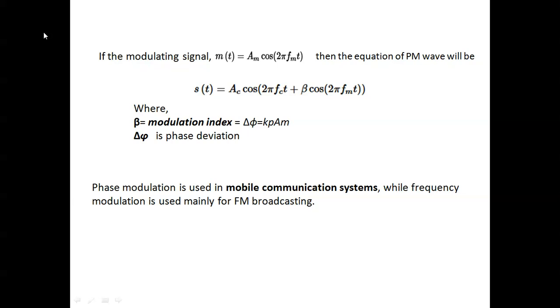Phase modulation is mainly used for mobile communication systems, while frequency modulation is used for FM broadcasting. So we just now saw about frequency modulation and then phase modulation. Frequency modulation is used for broadcasting, that means FM broadcasting, and phase modulation is mainly used for mobile communication systems.